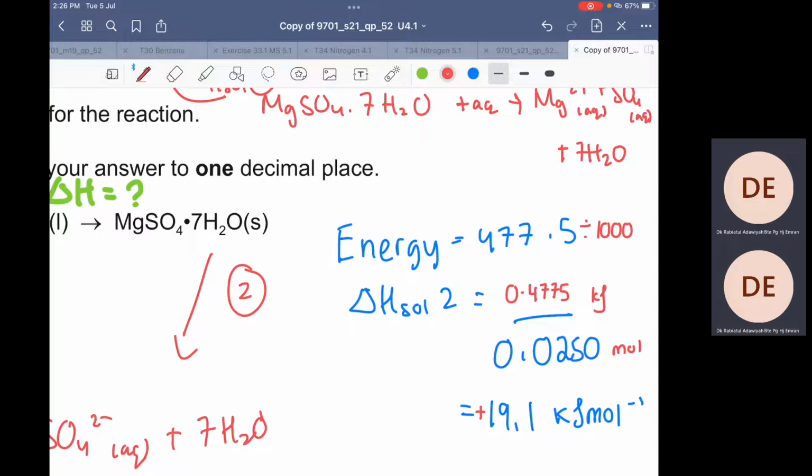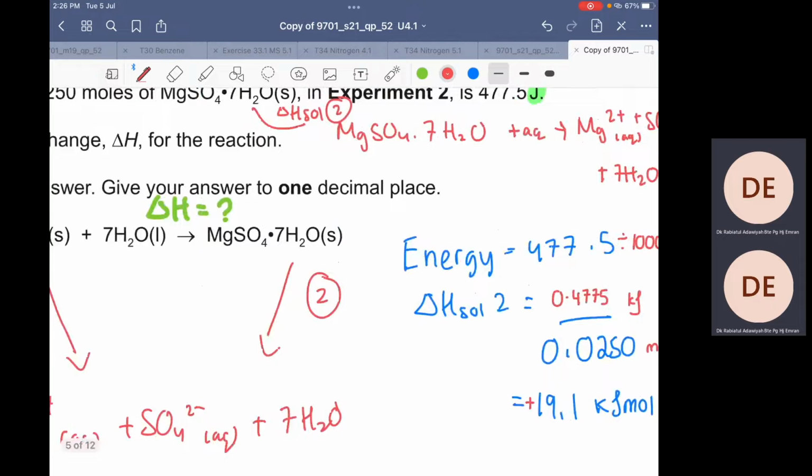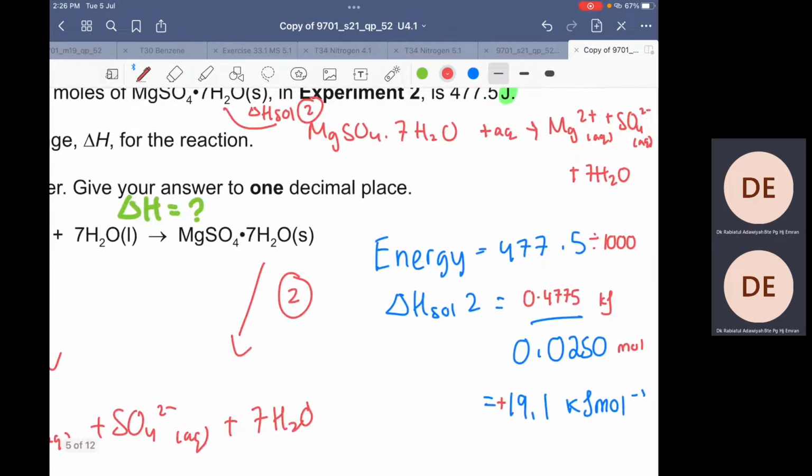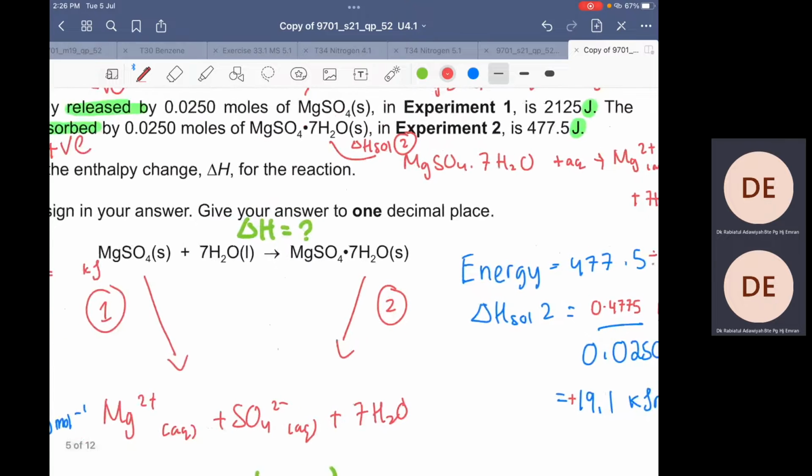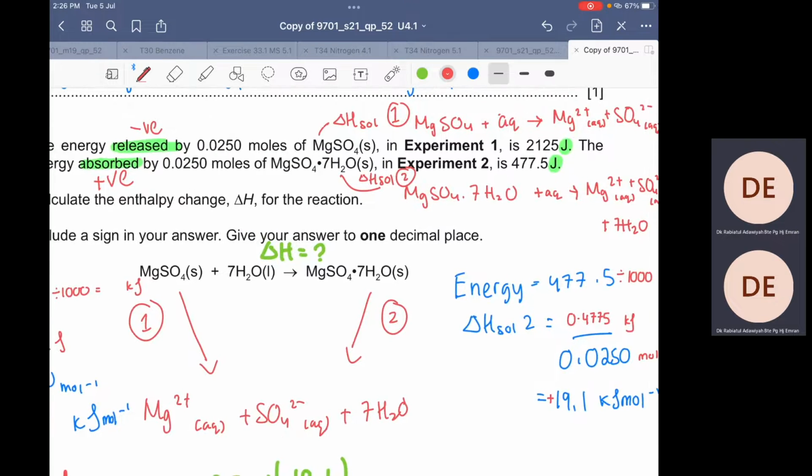Are you all okay with the conversion of energy from joules to kilojoules per mole? Next, I will construct my Hess's cycle. How do I construct my Hess's cycle? So you look at equation 1 up here. Magnesium sulfate solid is dissolved in water to form Mg2 plus, SO4 2 minus.